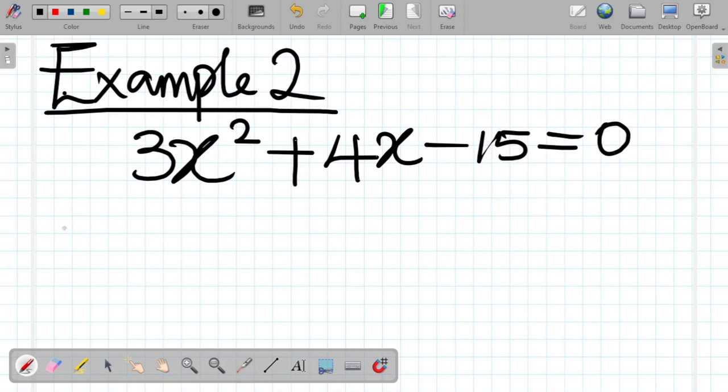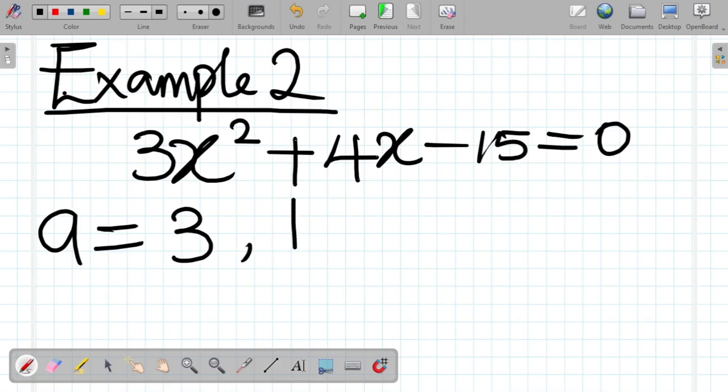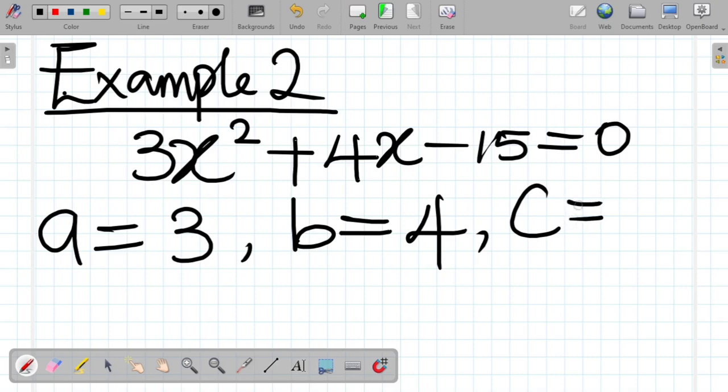So our first task here is to identify the coefficient of x squared, coefficient of x, and constant term. a, which is the coefficient of x squared here, is equal to 3. b, which is the coefficient of x here, is equal to 4. And then c, which is the constant term here, is equal to negative 15.